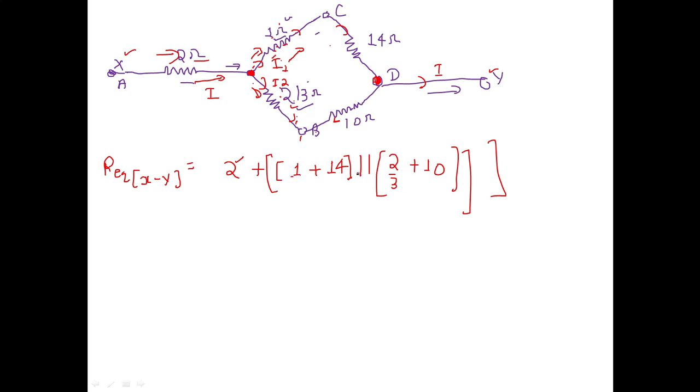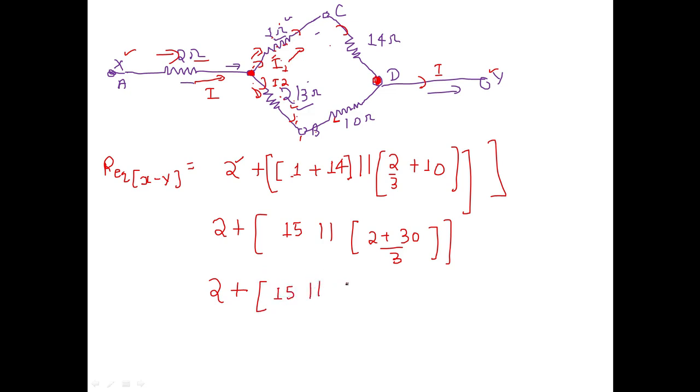Now if we solve this equation, 14 plus 1 is 15, in parallel with 2 by 3 plus 10, which is 32 by 3, in a square bracket, and then 2 plus this 15 in parallel with this 32 by 3.